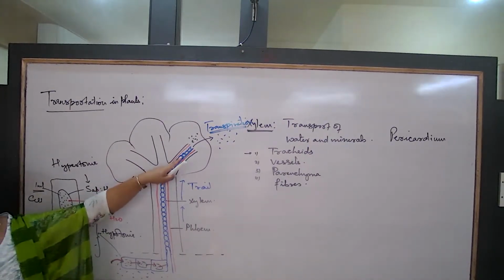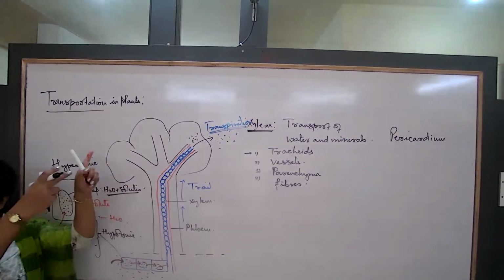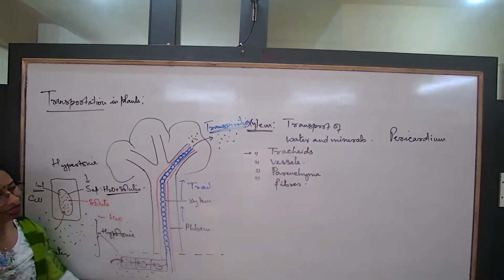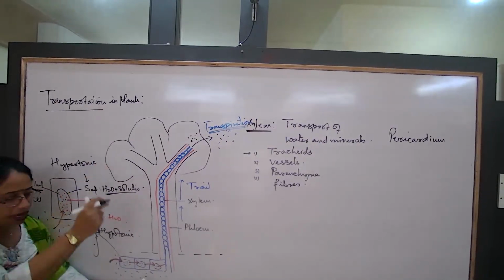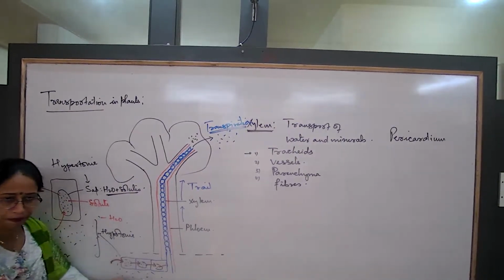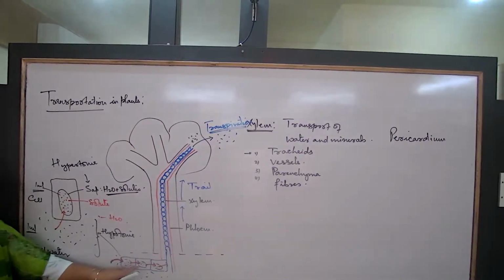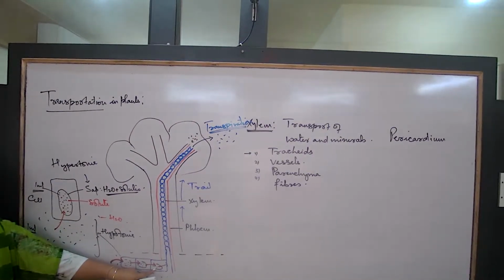Earlier there was an empty space here. To fill up this empty space, the entire chain of molecules moved up. Now there's an empty space created at the level of the roots. How will this be filled up? By this method.